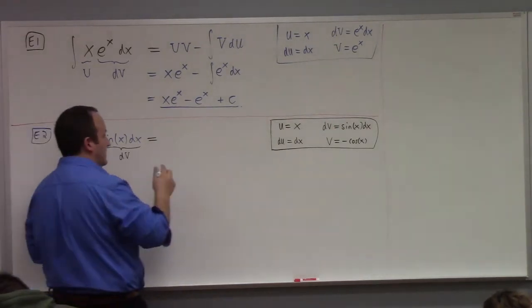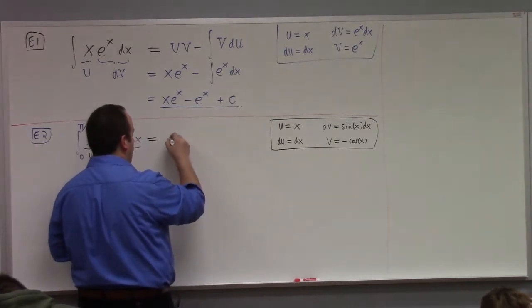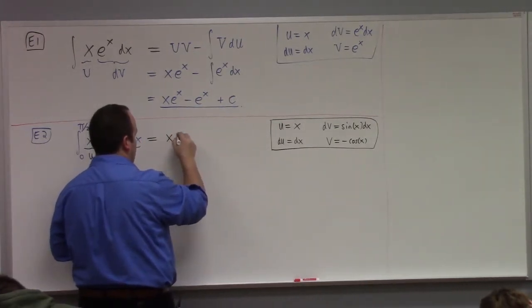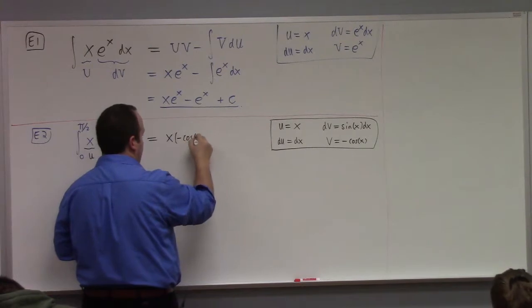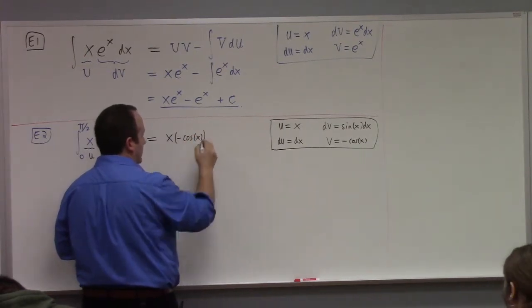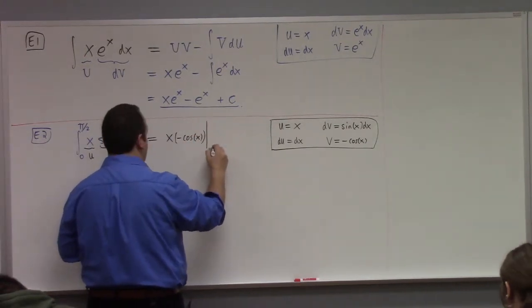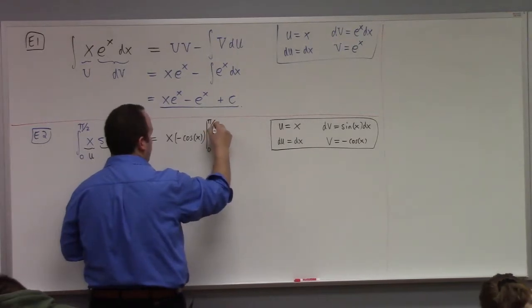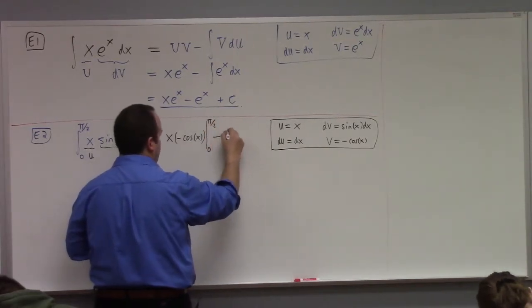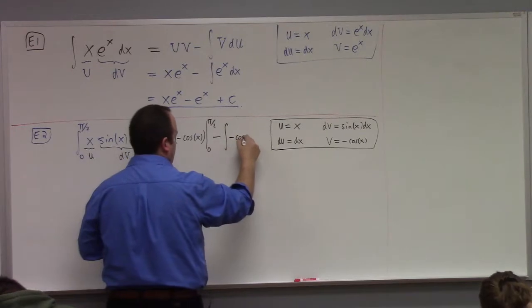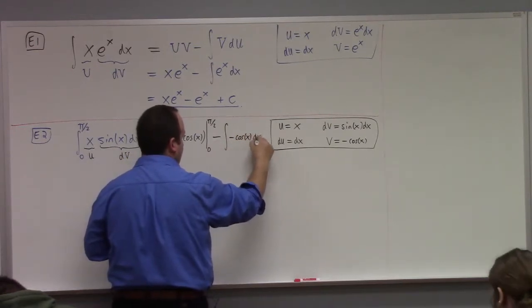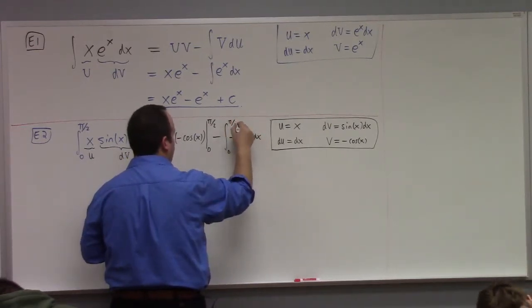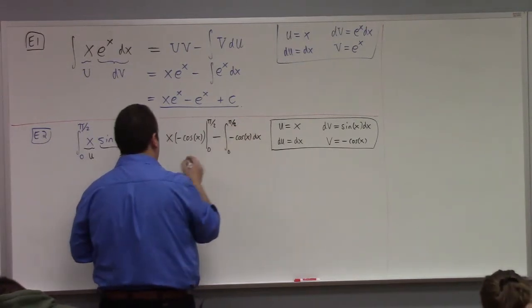And so, okay, I'm supposed to do x times minus cosine of x, right? I'm supposed to evaluate that from 0 to pi over 2, and then subtract the integral of minus cosine of x dx from 0 to pi over 2. I'm going to clean that up a bit.